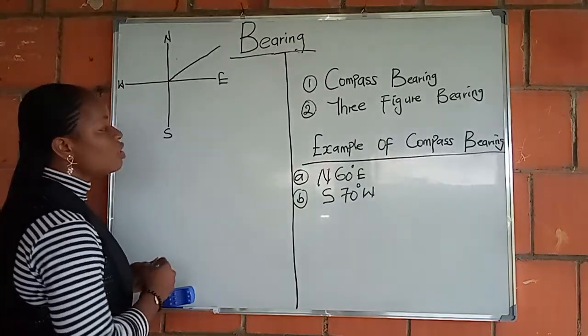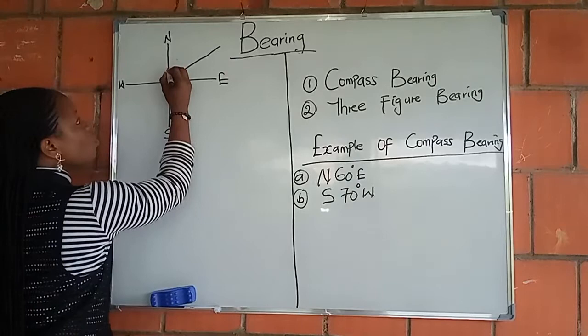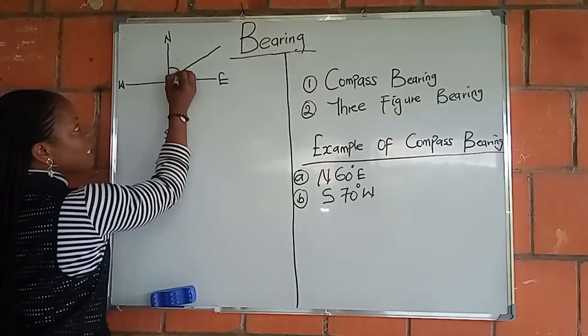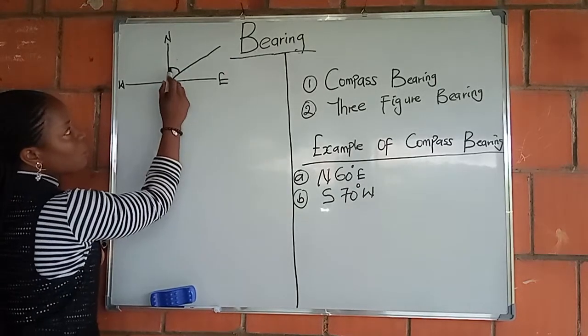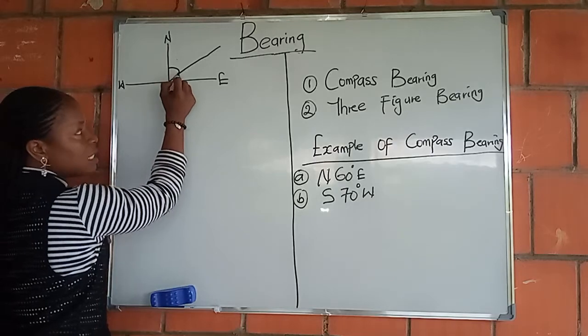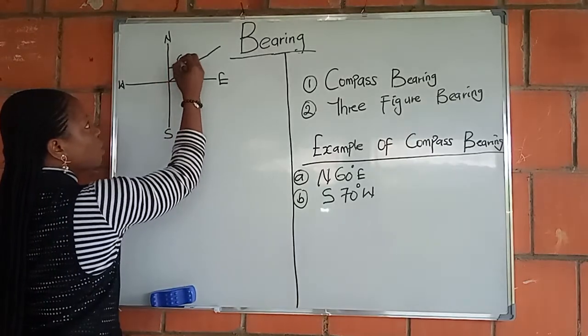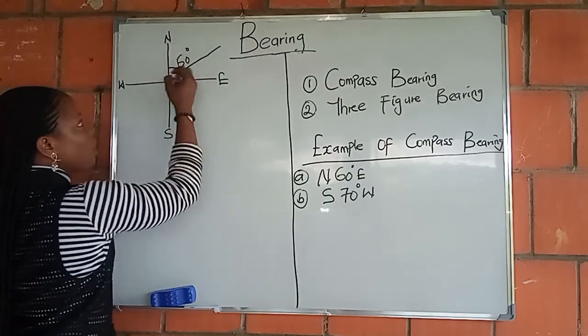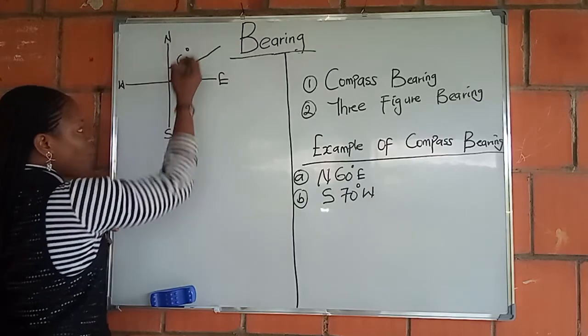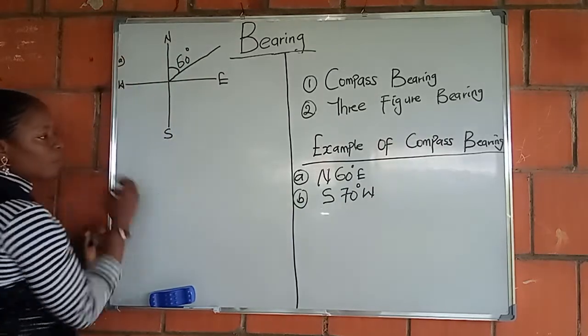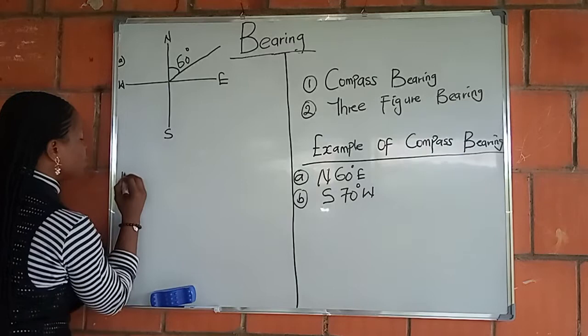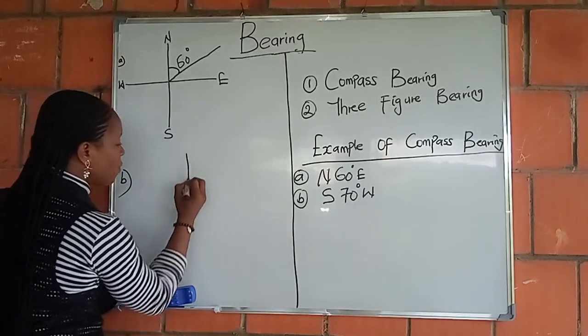So I'm going to measure 60° from the north pole to where my measurement stops. I'm crossing it like this. From the north pole to this point where the 60° stops, I call this my 60°. That's for A. Now let's see how we can represent B in this form.